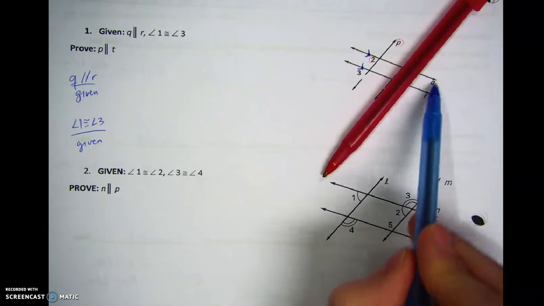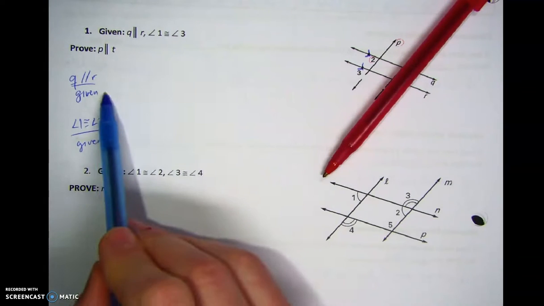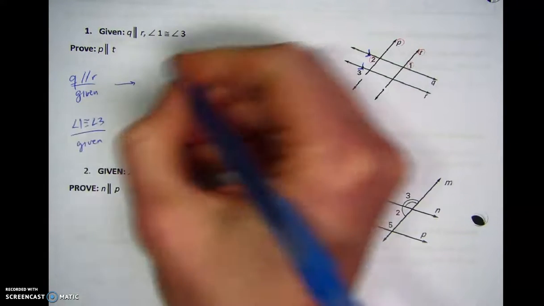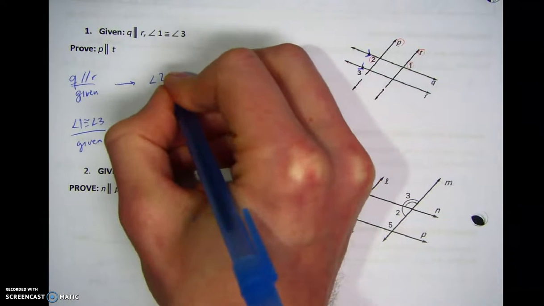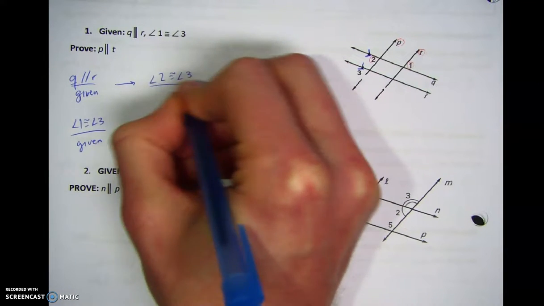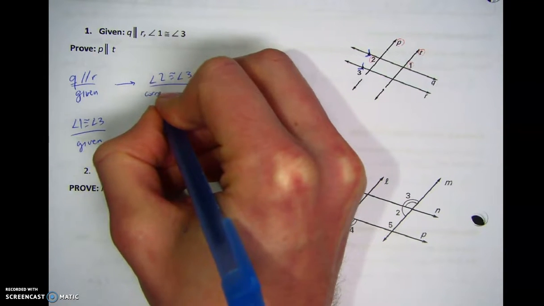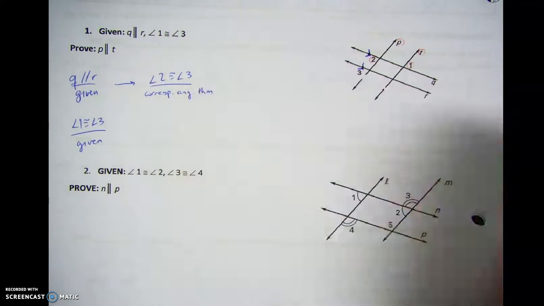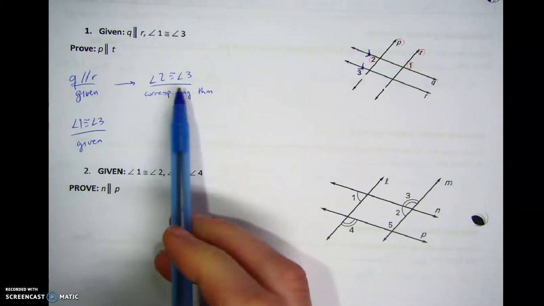Those two lines, Q and R, great, we know that's true. We know Q and R are parallel, which tells us that angle 2 and angle 3 are congruent by corresponding angles theorem or postulate.